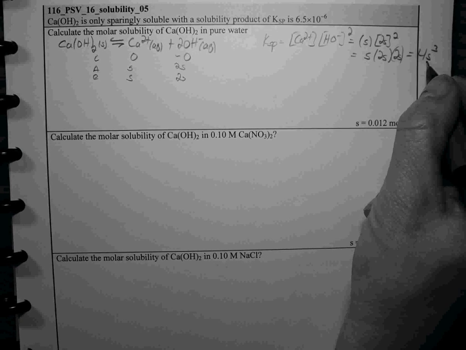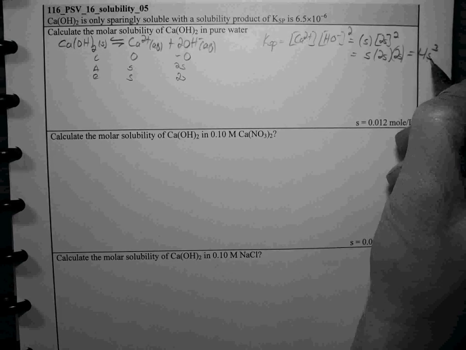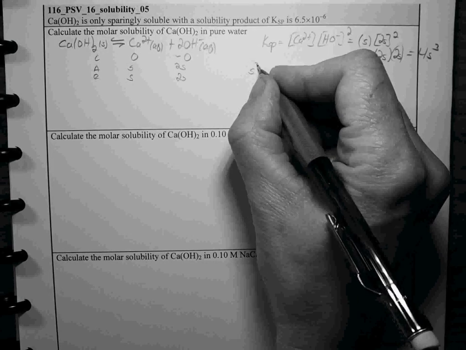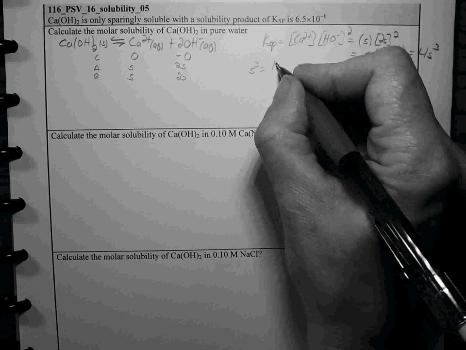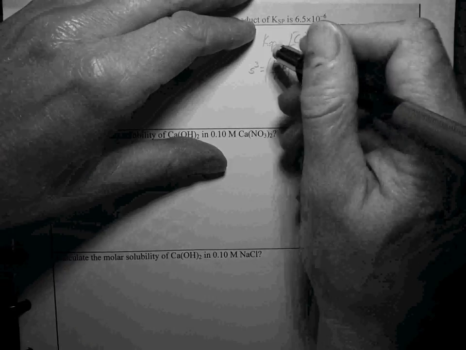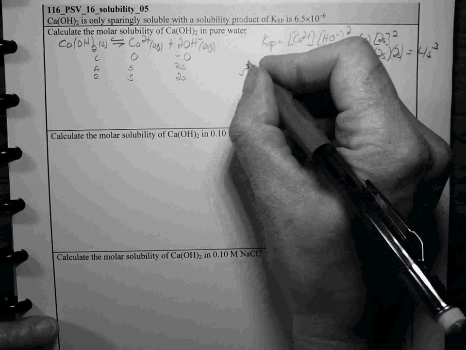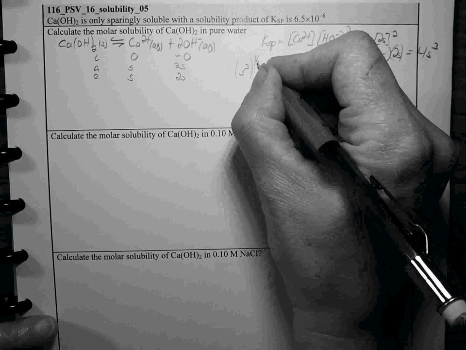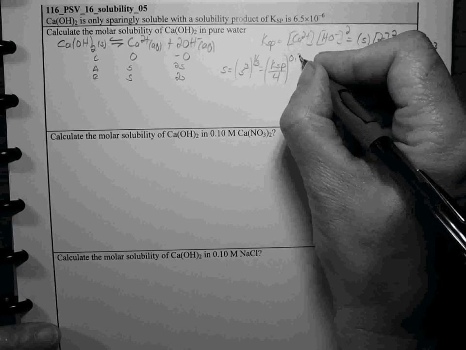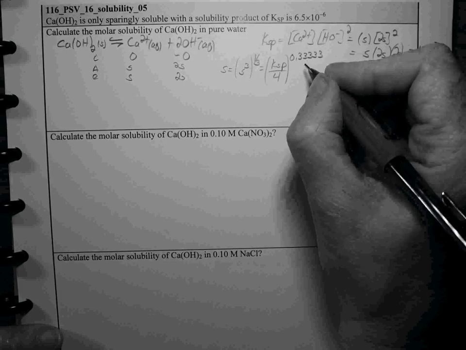Alright, so we want to find this molar solubility. So we have S cubed is going to equal KSP divided by 4. Again, we're after the value of S. So we're going to take the third root of S cubed, which is the same as raising it to the 0.33333 power.